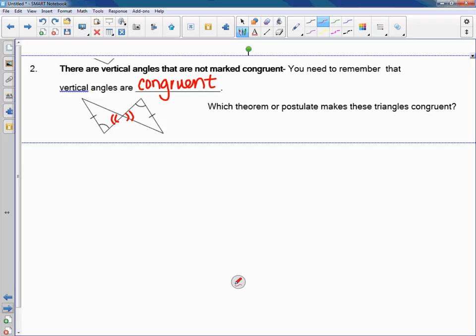Well, let's look at it. If you look at the first one, and I'm talking about this triangle right here, I have two angles and a side. Let's see if it's right for this triangle. I have two angles and a side. Is everybody with me? Now, here's the question.